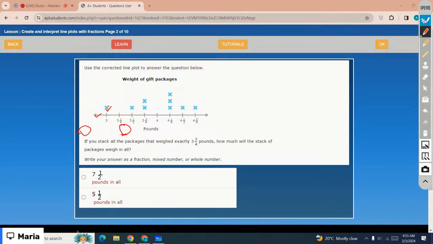So you have exactly 3 whole 3 by 4, right? You have only two of the packages that are exactly 3 whole 3 by 4. Got it?